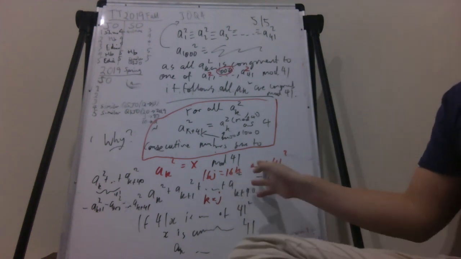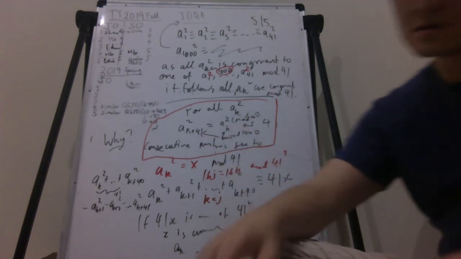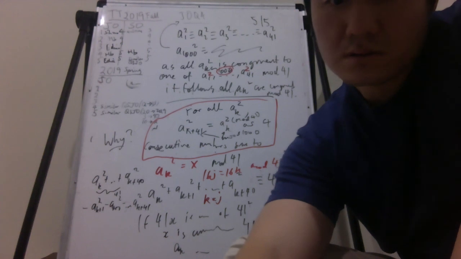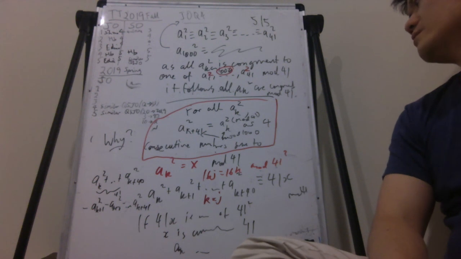You would say that this is true mod 41 squared, okay? Hold on. So then you're taking 1,000 mod 41. I'm taking 1,000 mod 41 squared.